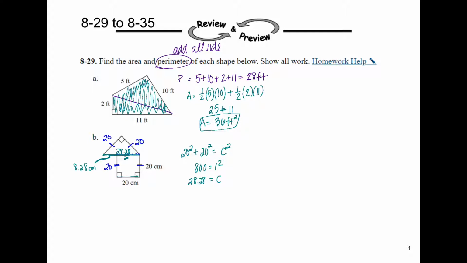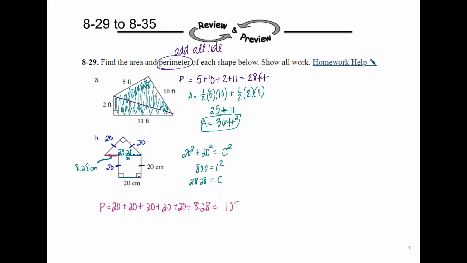So the perimeter, we're going to add all of our sides. So 20 plus 20 plus 20 plus 20 plus 20, plus that little short piece right here of 8.28 gives us a perimeter of approximately 108.3 centimeters if we round.